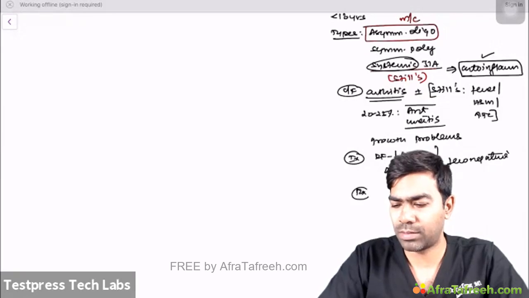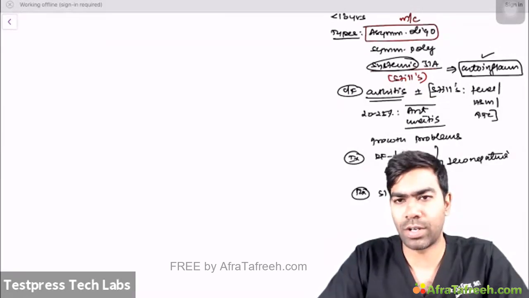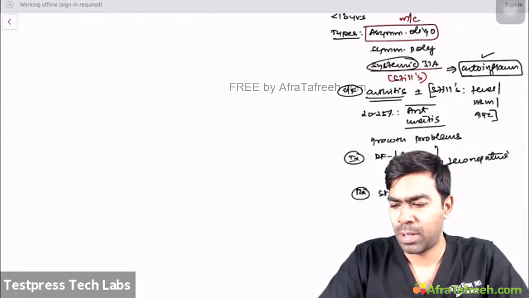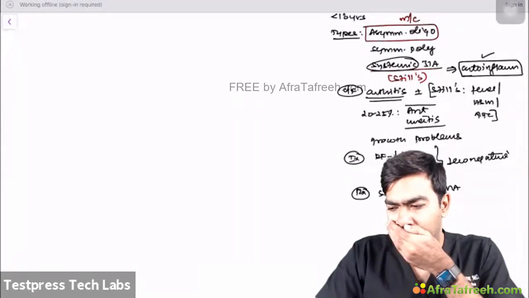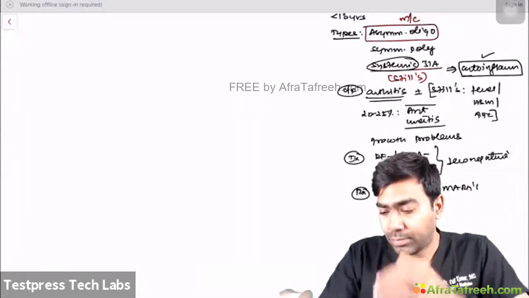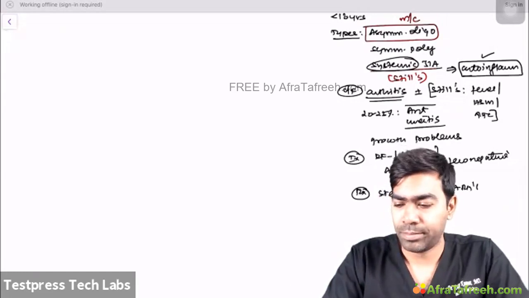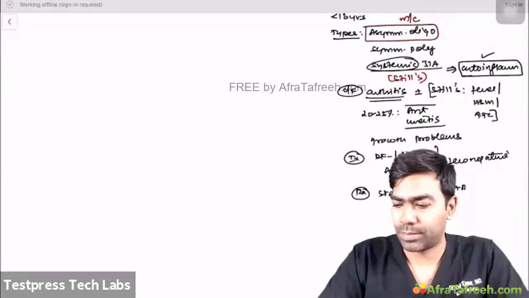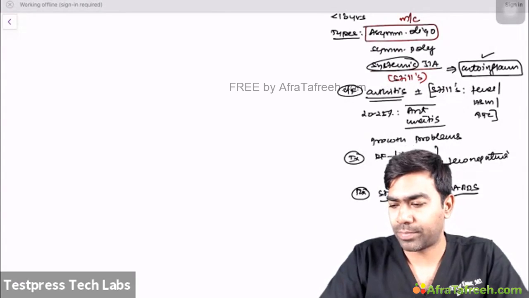Treatment, of course, you're going to treat with steroids and DMARDs. These are disease-modifying drugs. You can treat with DMARDs as well.